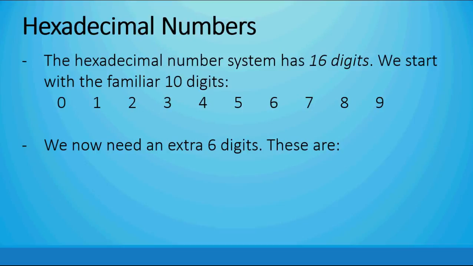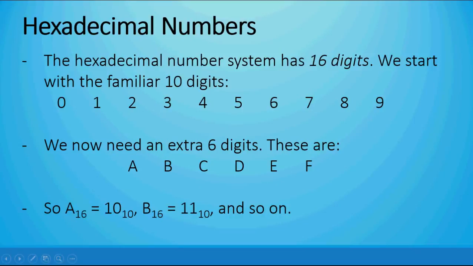Well, we don't have any other single symbols that represent numbers. Instead, we have to substitute in some different symbols. And the symbols we use are these guys: A, B, C, D, E and F. Those are our 6 extra digits.